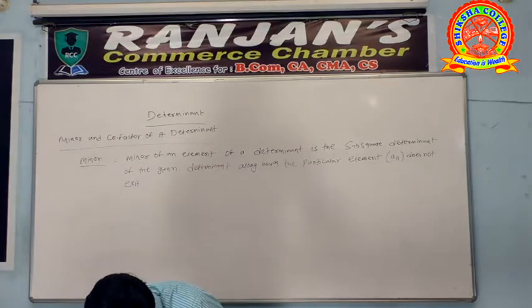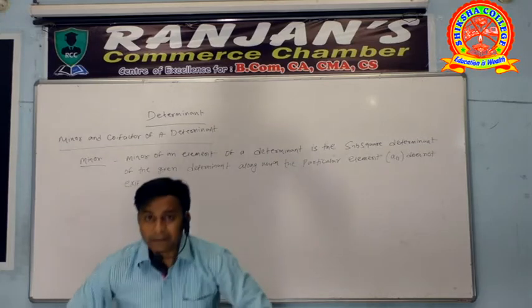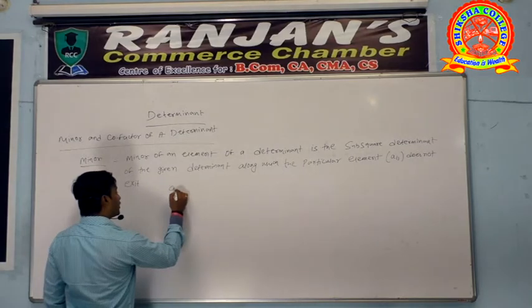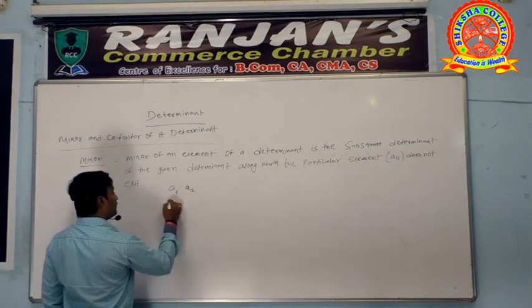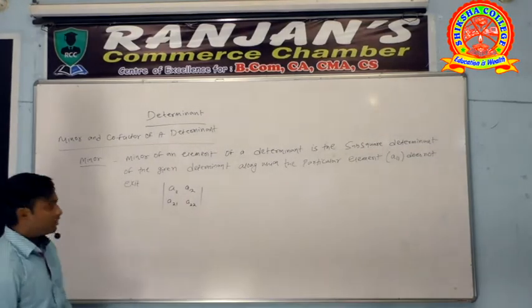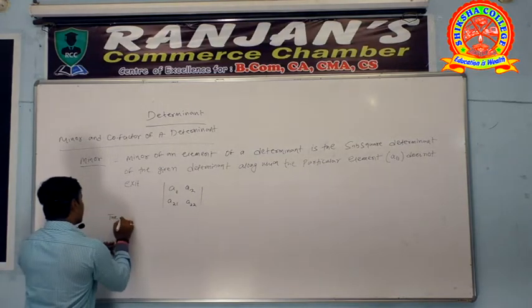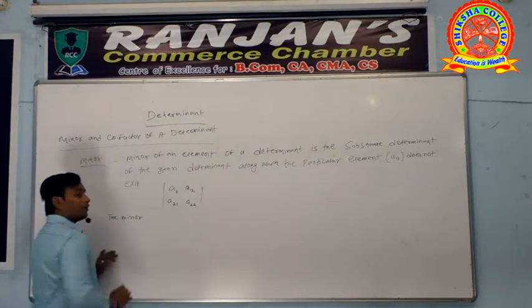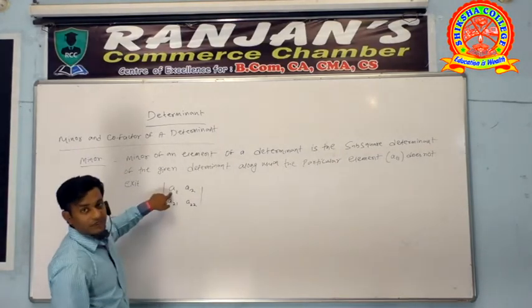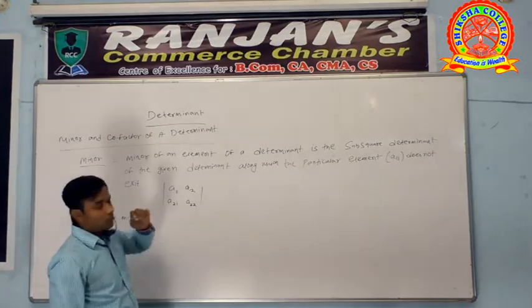So for that purpose, see, if we consider here an example of second order, A11, A12, A21, A22, okay, that is the second order. So here we can find the minor of all the elements A11, A12, A21, A22.